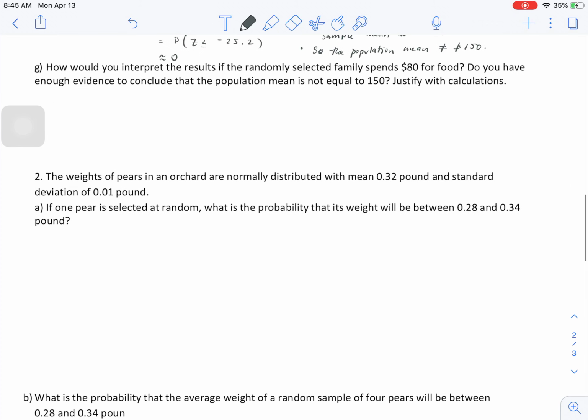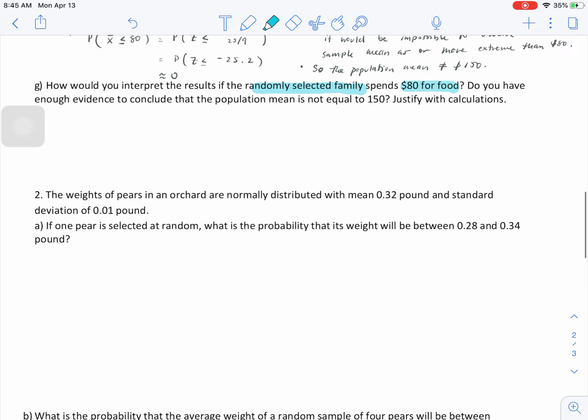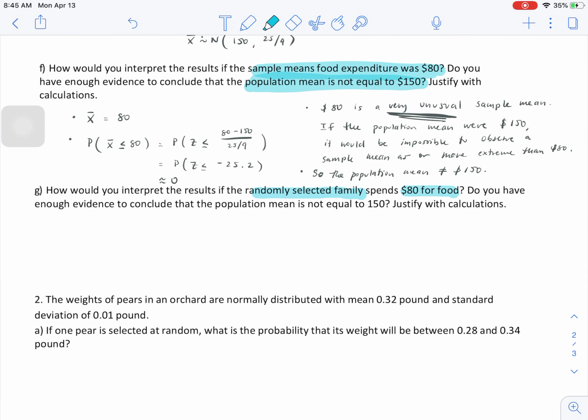Part G. How would we interpret the results if a randomly selected family spent $80 for food? Do we have enough evidence to conclude that the population mean is not equal to 150? Okay, so you might ask, what's the difference between part F and part G? It's kind of a subtle difference.